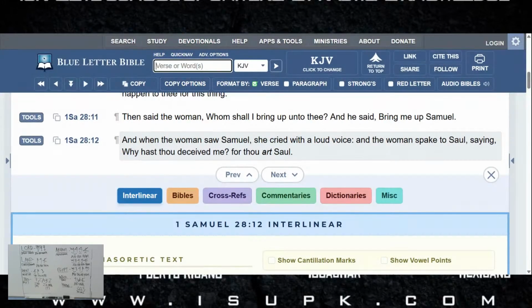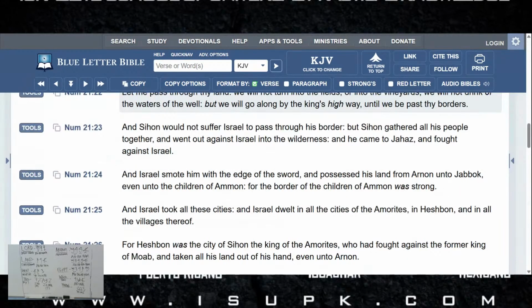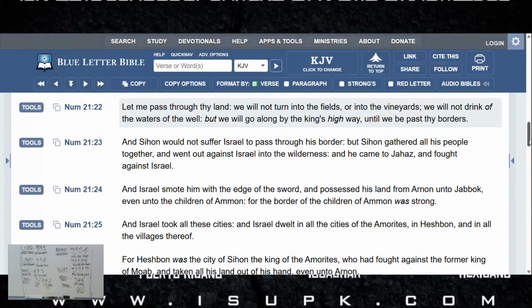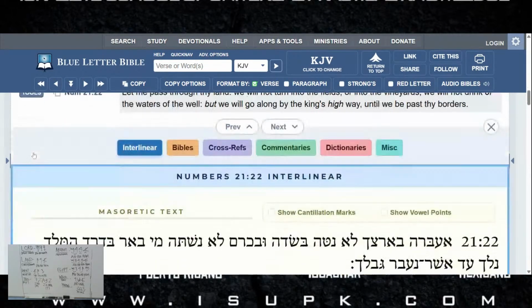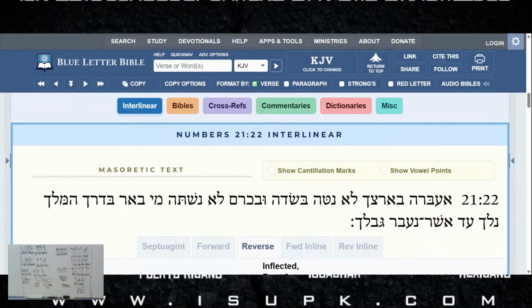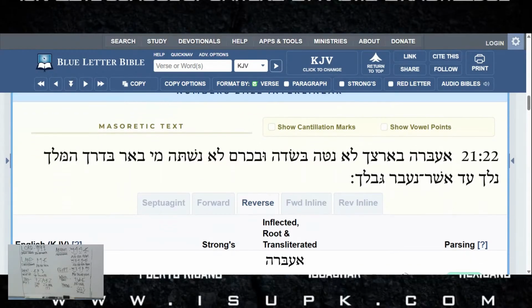Let's type this in. So Numbers 21, verse 22. Let's go. Okay. All right, I'm gonna take this one on the Hebrew. We'll read the Hebrew first, then we'll read the English, then we'll translate it. Numbers 21:22. Ibara. Ba aratazaka.